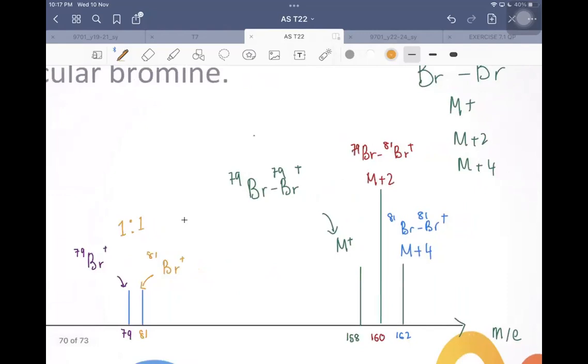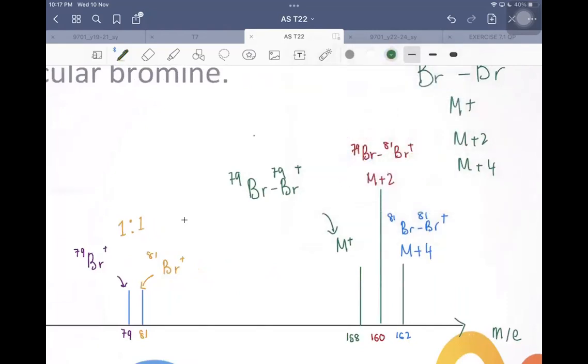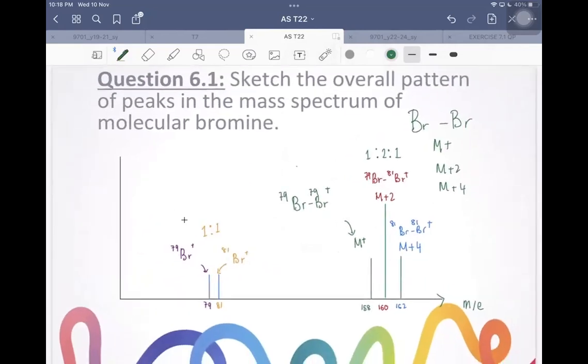Whereas for 2 bromines, I have a ratio of 1 to 2 to 1. Okay, so don't get confused with my 1 to 1 ratio, and 1 to 2 to 1 ratio. Okay, right.